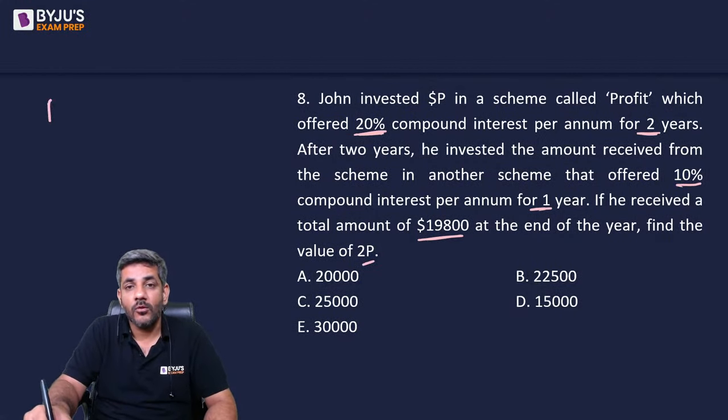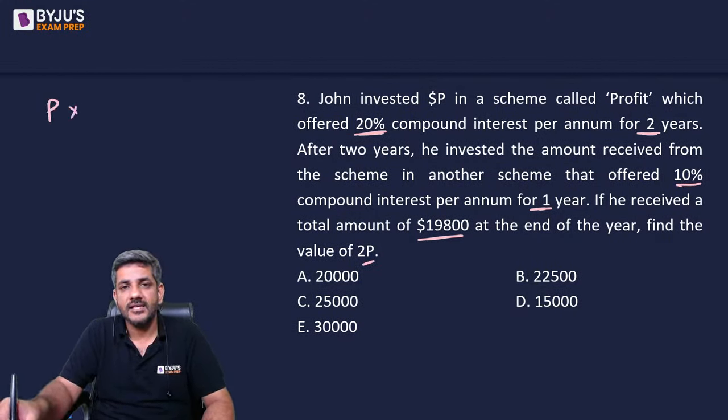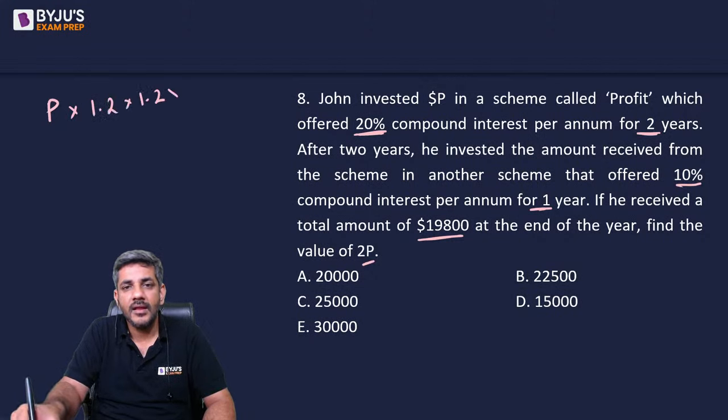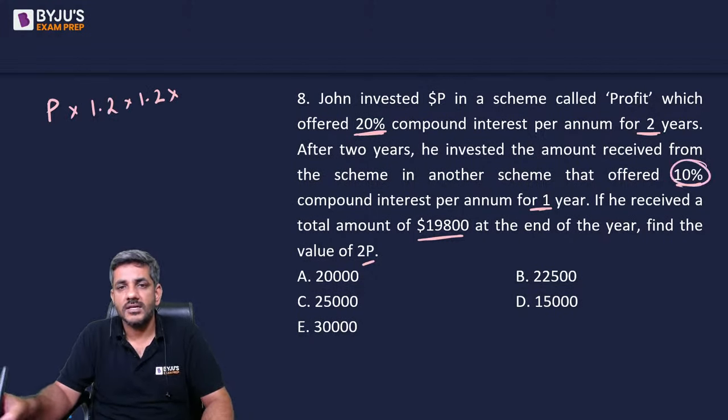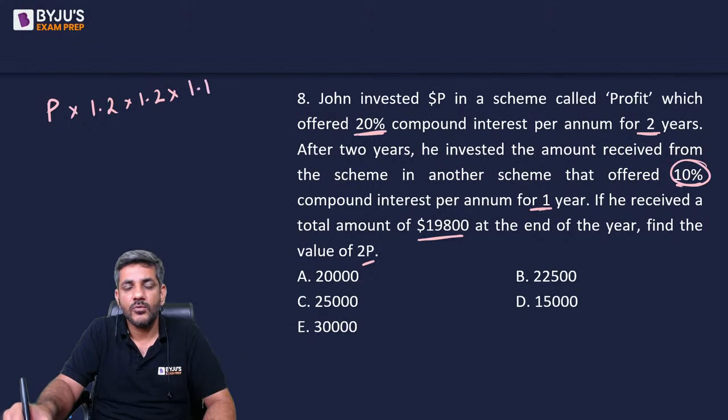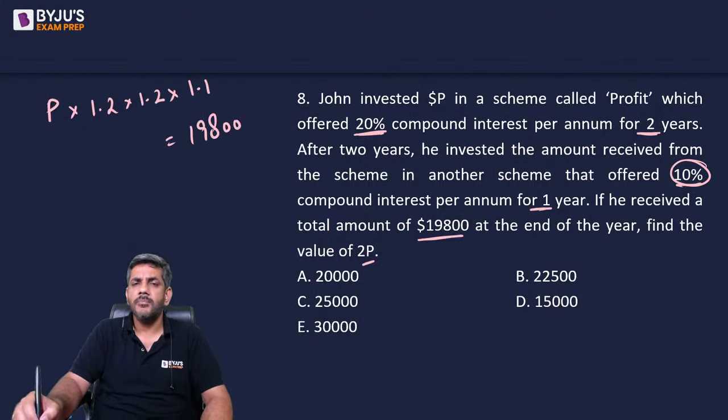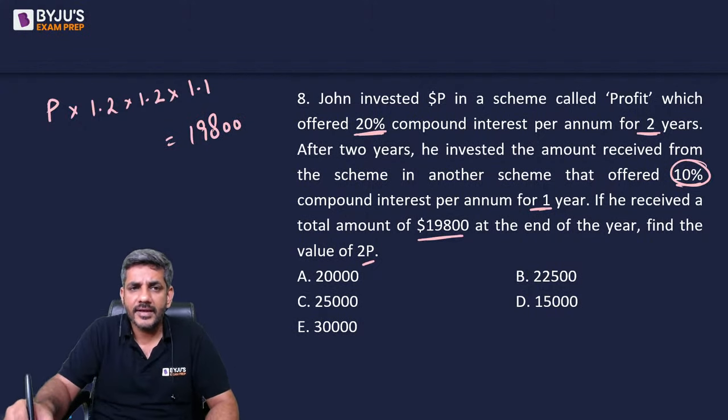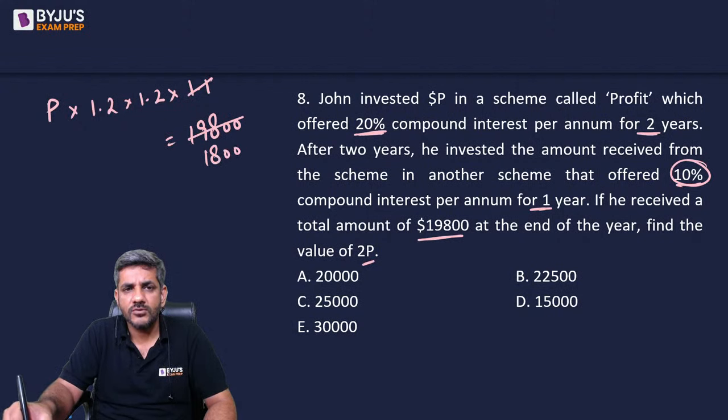So whatever P was, it was first increased by 20% for 2 years, so it became 1.2 into 1.2. And then he again got a 10% interest, so it became 1.1 times. And the final amount that he got is 19800. It's simple then, right? So I can cancel out 11 at 18000.